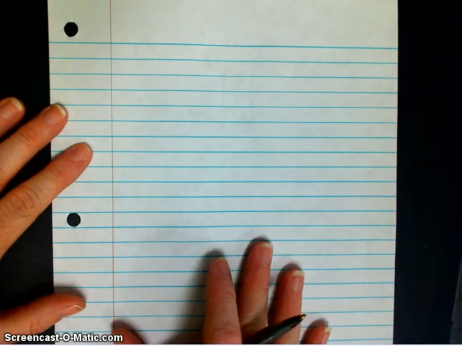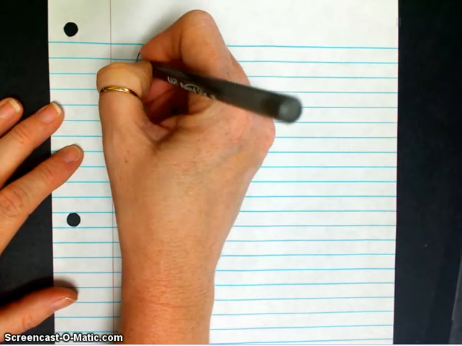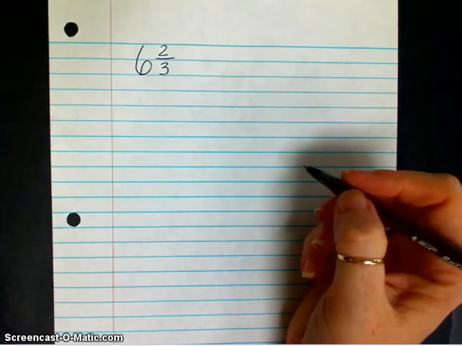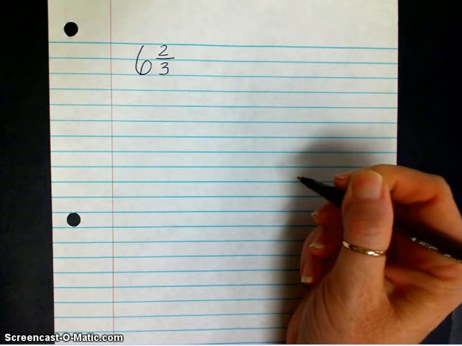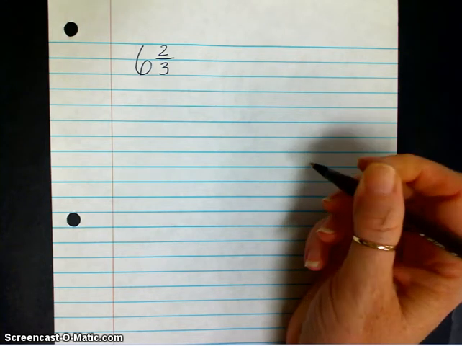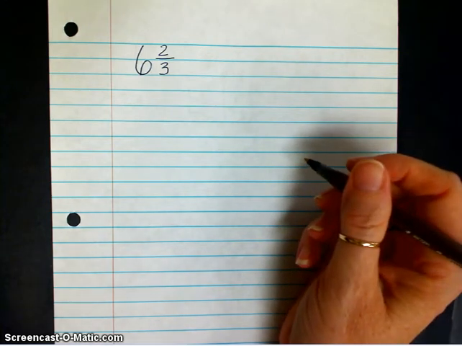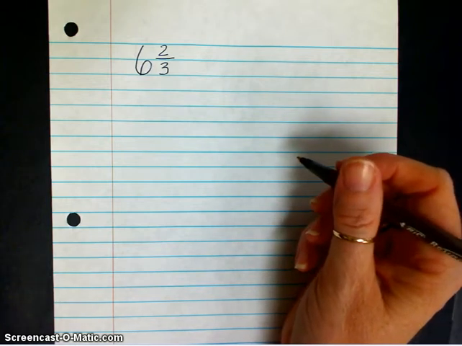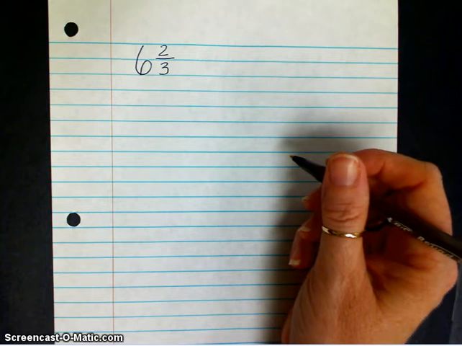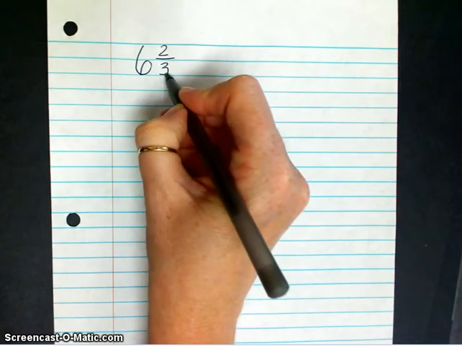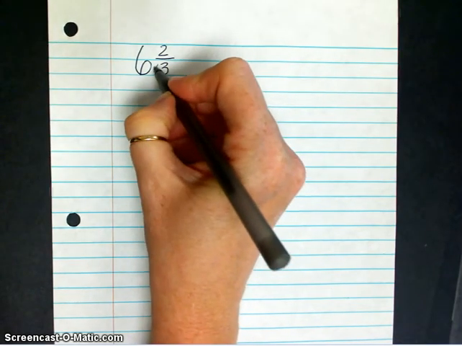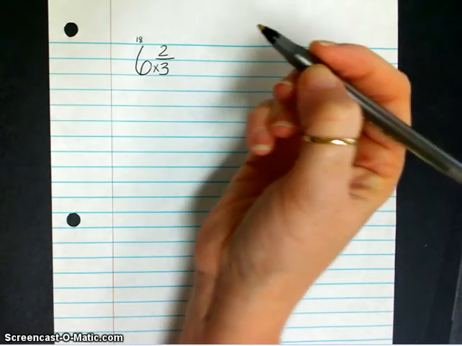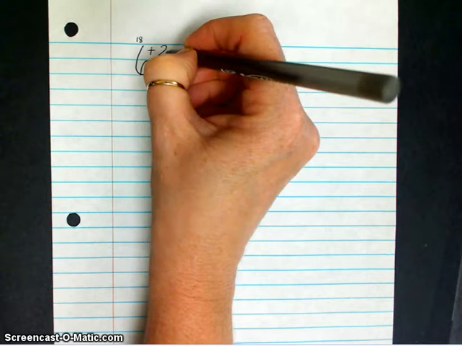If I have a mixed number, let's say that we have 6 2/3. That is our mixed number. And we want to convert that to a fraction. We have to start off with our denominator and take 3 times 6, and we'll get 18 as the product there, and then add 2 to it.